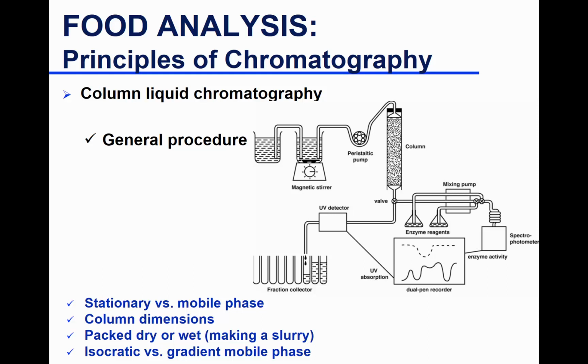What is nice with low pressure chromatography and a large column is you can actually collect fractions. So after they go through the detector, you would have a tray. Usually it's a circular tray with tubes in there. You time it based on when each compound or fraction is going to come out.